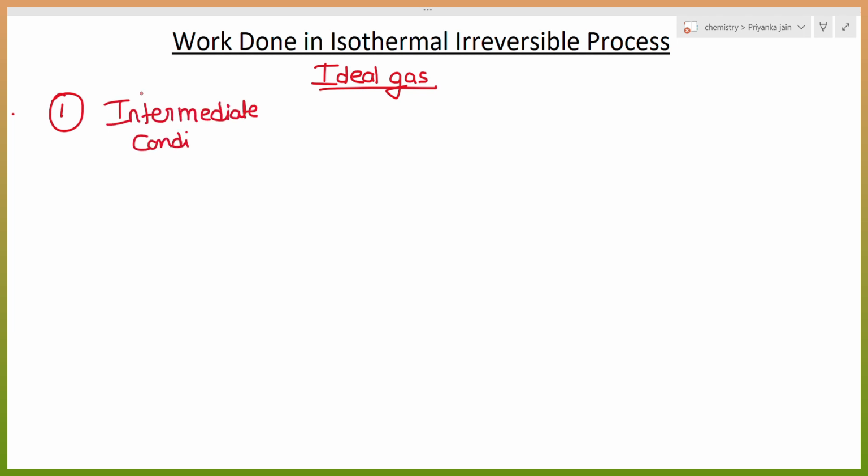Intermediate condition means suppose our process is doing expansion. It is going from V1 to V2. Initial volume is V1 and final volume is V2. It is changing, and this is done at a constant external pressure.